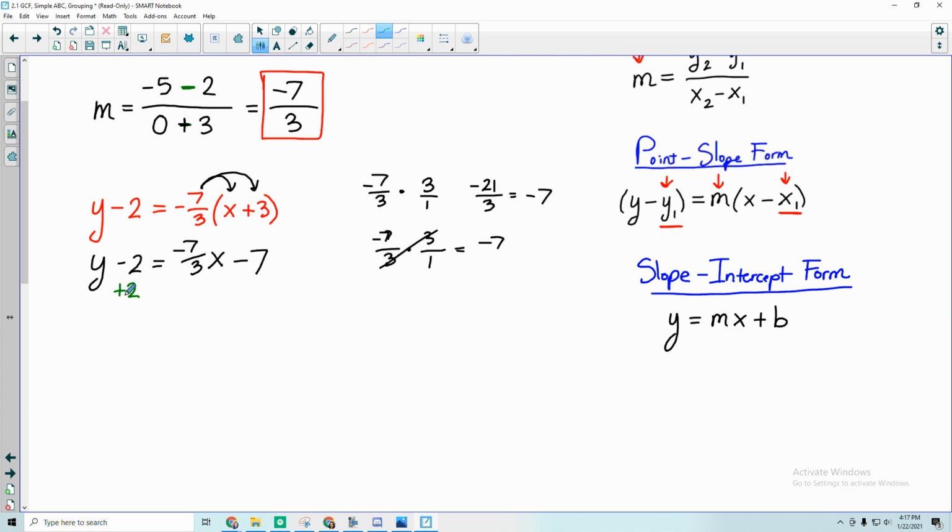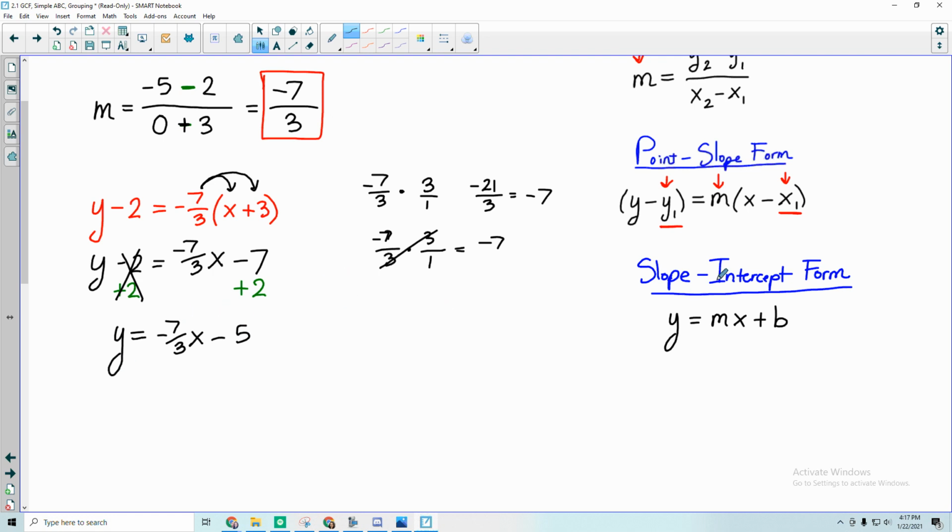Now, I need to add this to just the number. So I need to add this to the -7, not to the -7/3 x, because this has an x and this doesn't. So I add this over to the number I see there, and I get y, because that cancels out. Now that's gone. Y is all by itself, so y equals -7/3 x and -5. Beautiful.